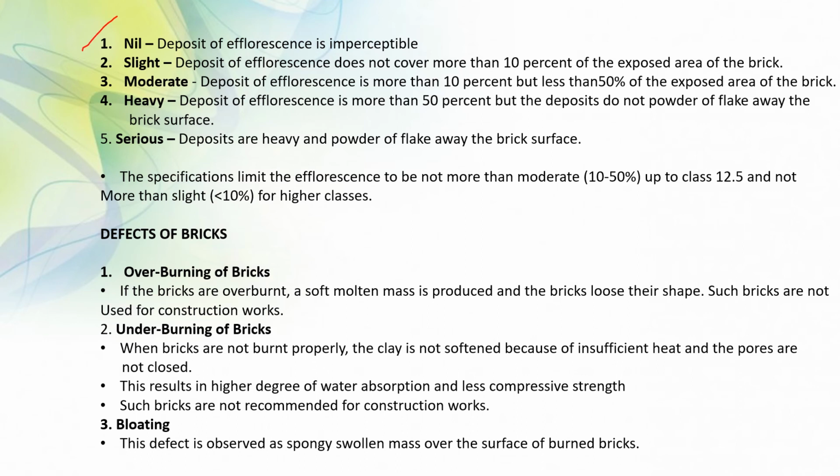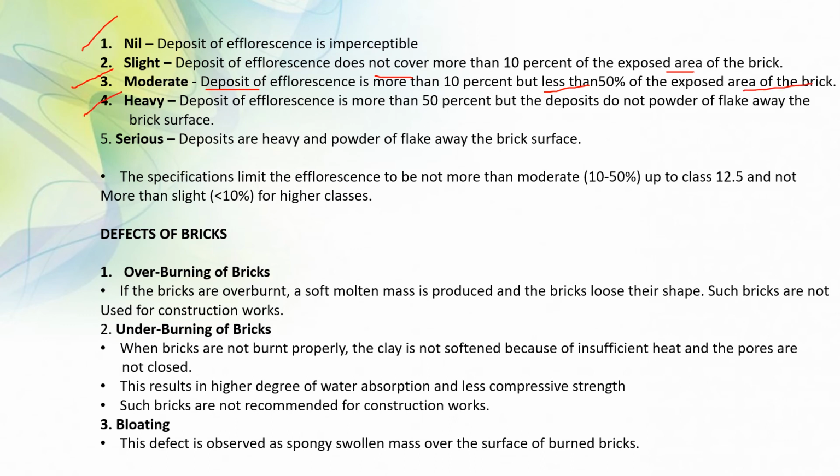Nil: deposit of efflorescence is imperceptible. Slight: deposit of efflorescence does not cover more than 10% of the exposed area of the brick. Moderate: deposit of efflorescence is more than 10% but less than 50% of the exposed area of the brick.